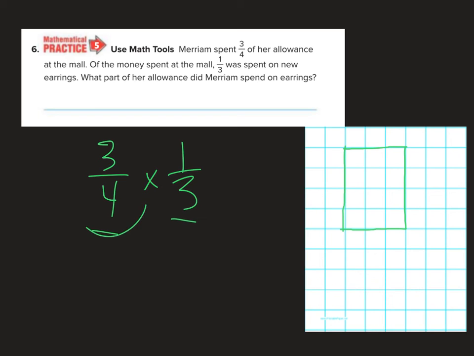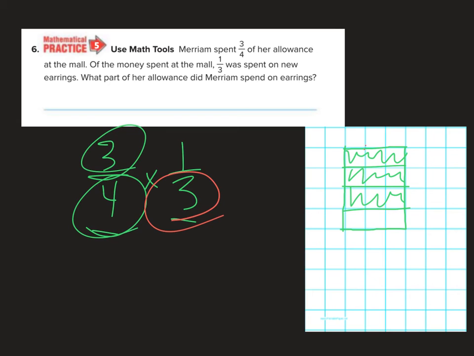I'm going to cut it into 4 equal groups. 1, 2, 3, 4. And I need to shade 3 of them. Then I need to cut it into 3 equal groups. 1, 2, 3. And I need to shade 1.